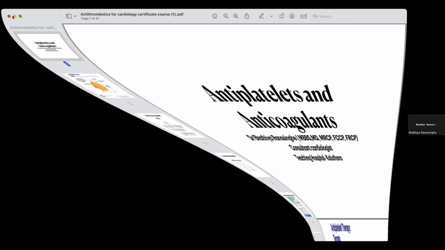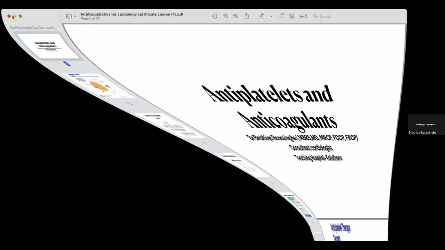The antiplatelets which are reversibly bound can recover once the antiplatelet effect is gone. But with irreversibly bound antiplatelets, the antiplatelet activity remains until the platelet is destroyed. So that is another thing you have to remember. The reversibly bound antiplatelets have a short half-life, and even patients on ticagrelor or cangrelor, which are short-acting, can go for surgery, as those drugs can be stopped only a few days prior.